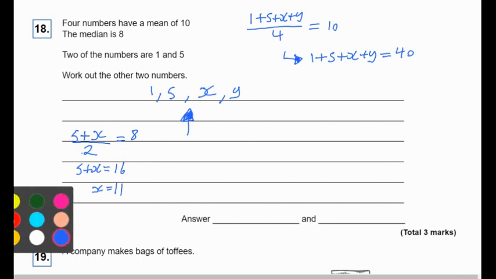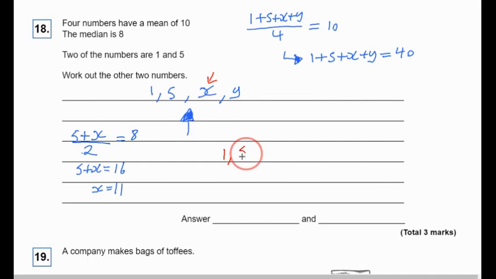So now I'm just going to change color. That tells us what X is, which means that you've got 1, 5, 11, and Y. And we also know that all the numbers have to add up to 40.